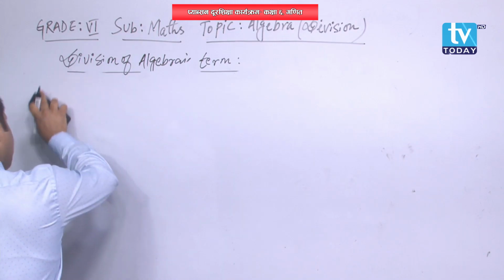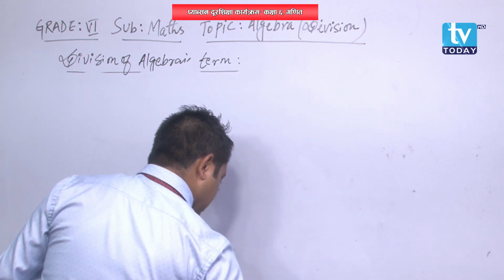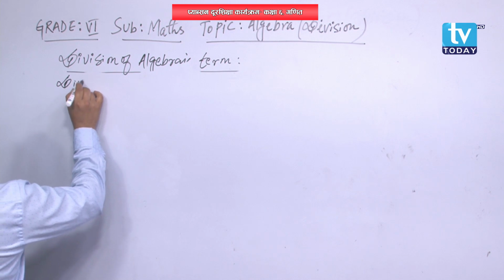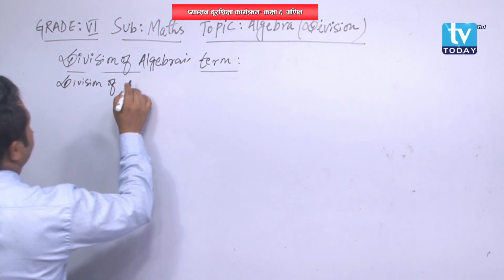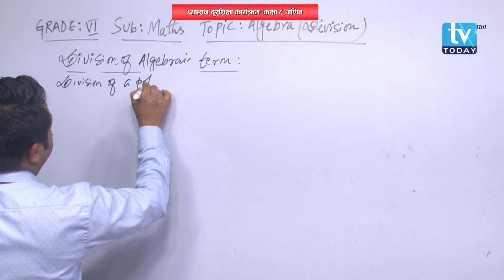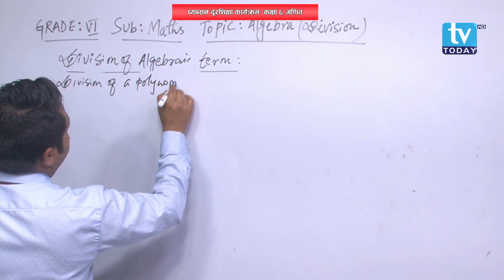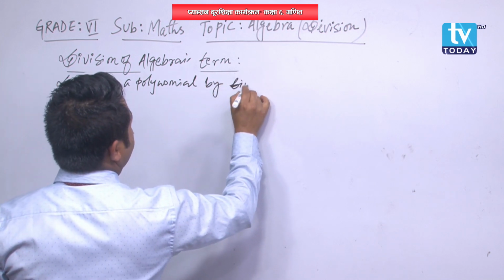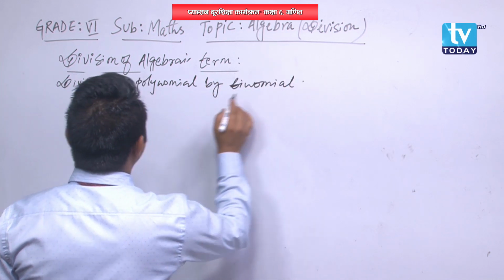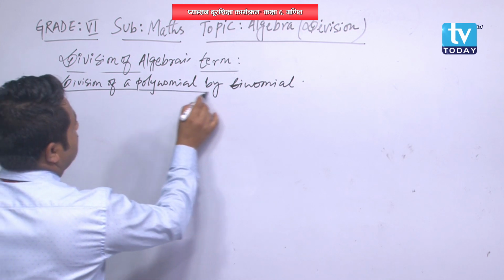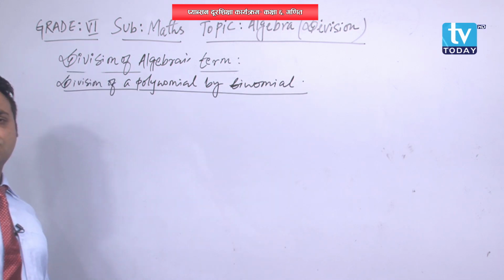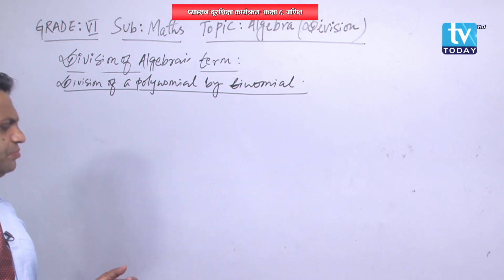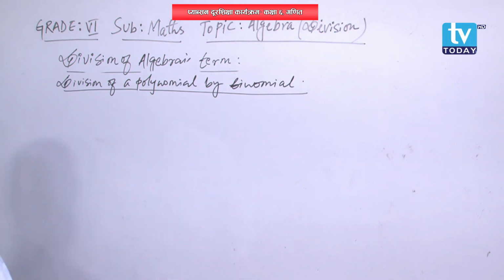Okay. Now another topic is division of a polynomial by a binomial. Now how to divide a polynomial by a binomial? Let me do one example.